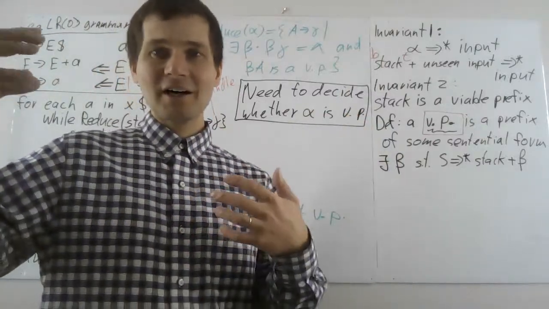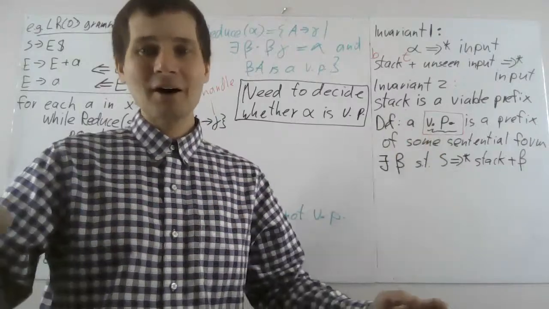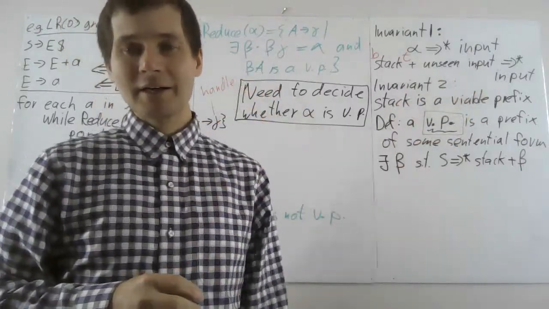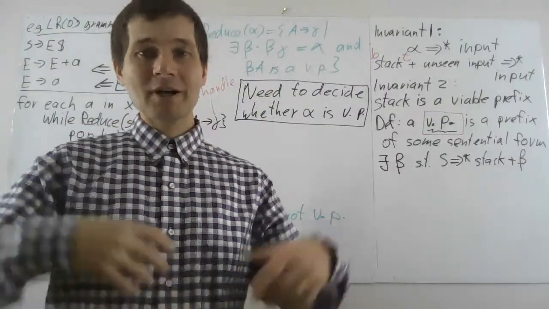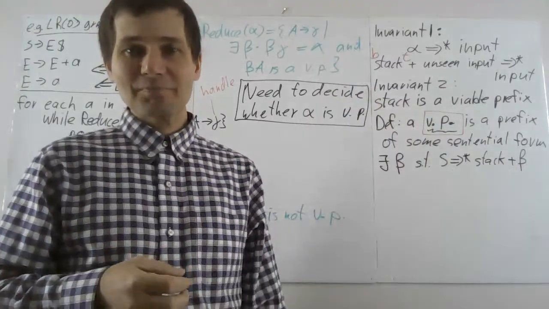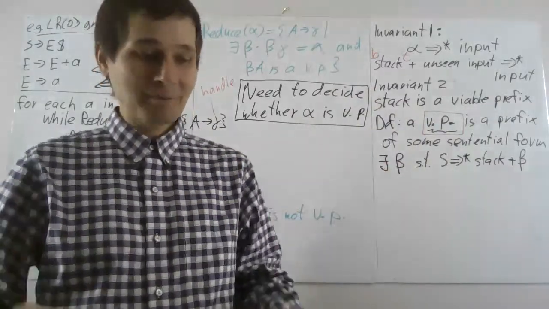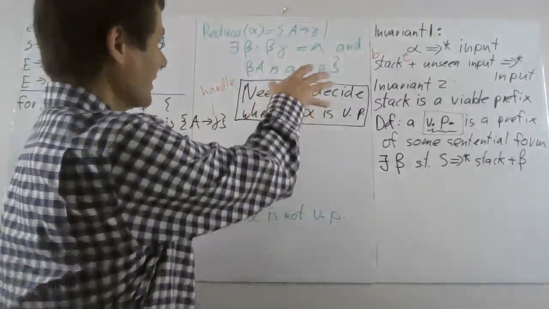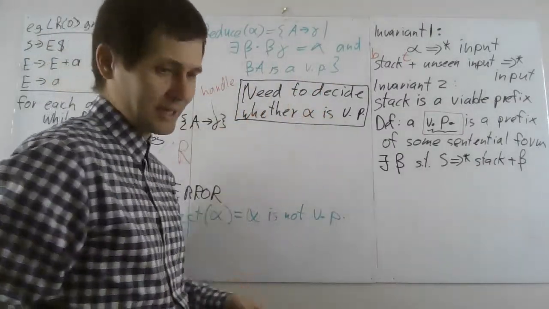If you've ever looked at SAT solvers, that's supposed to be NP hard, but they work really well in practice. Or some problem is undecidable, but you try to decide it anyway, and often it works. Not always, obviously, if it's impossible, sometimes it's going to be impossible. But in this case, we're going to try and decide this anyway.